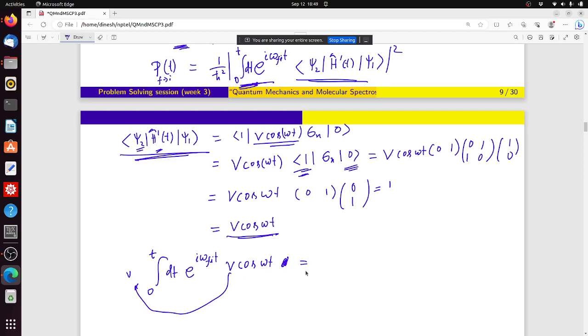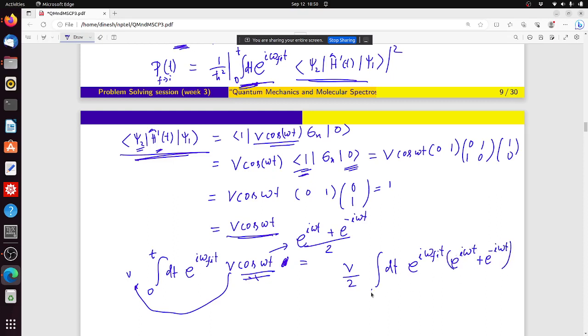Then cos omega t has to be broken: I can write cos omega t as e to the power i omega t plus e to the power minus i omega t, divided by 2. So we get V over 2 times the integral dt e to the power i omega fi t, times e to the power i omega t plus e to the power minus i omega t, with limits 0 to t.